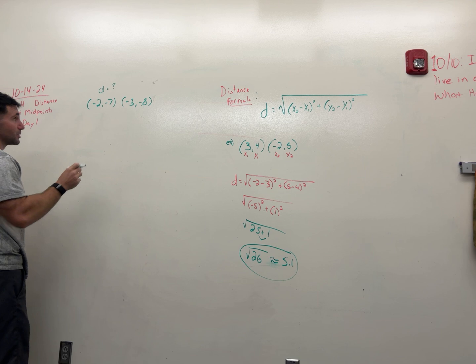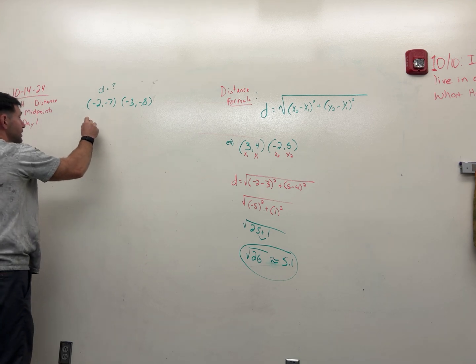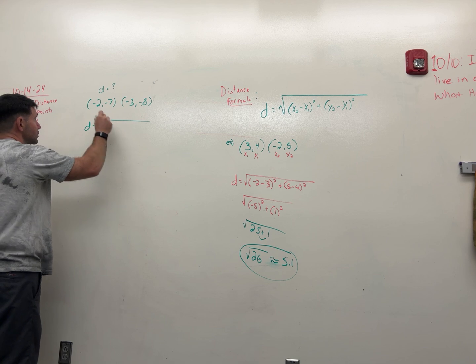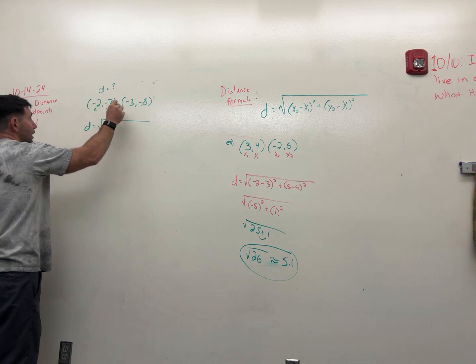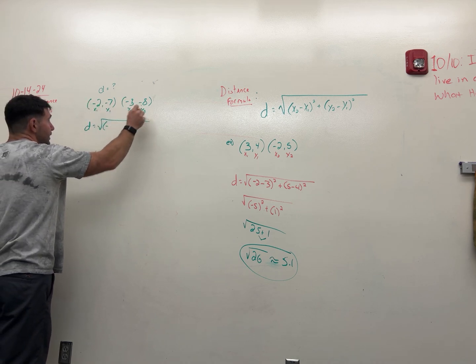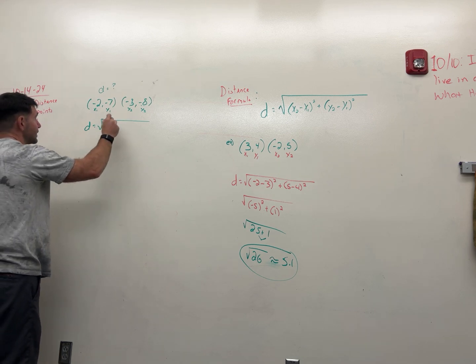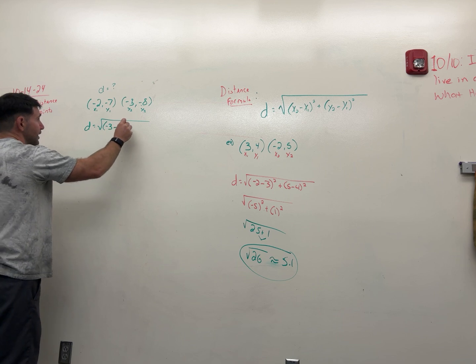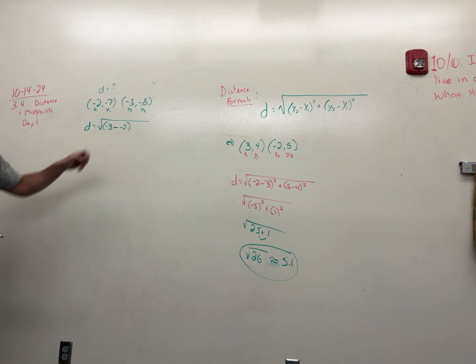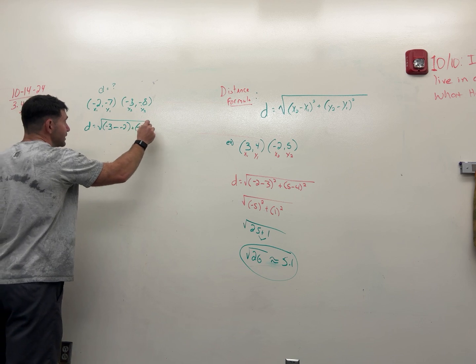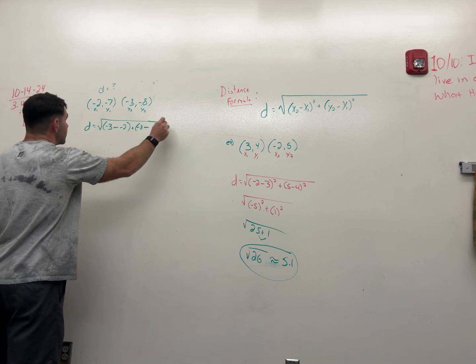Here we go. This one should be easy. So we're going to go D equals the square root of x2 minus x1 squared plus y2 minus y1 squared. x2 is -3 minus x1, or -2, plus y2 minus y1.